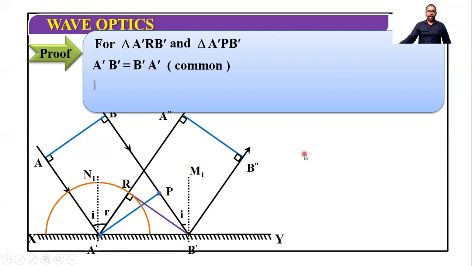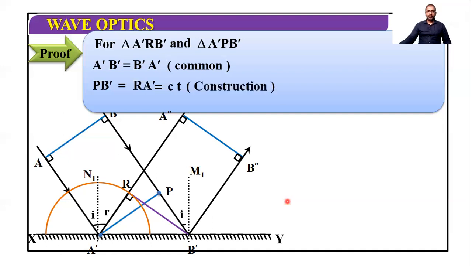Next point, P B dash and A dash R are both the same. Why are they the same? Because this is the distance traveled by light in time t. So these two distances are equal to CT.